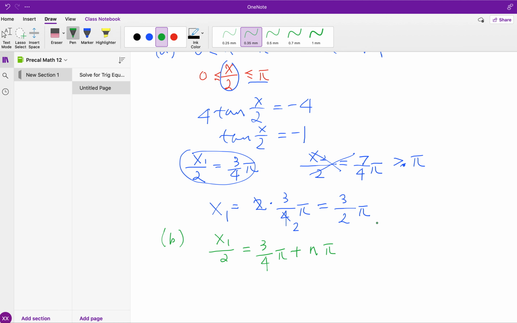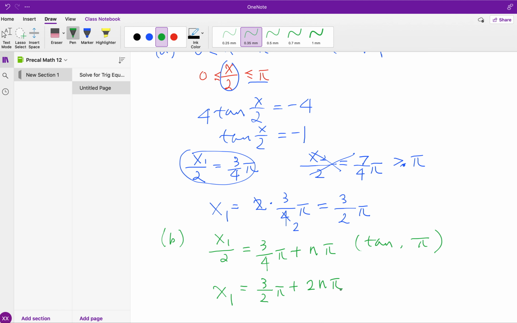Note that tangent goes by pi instead of 2 pi, so n multiplied by pi. Then in this case, the general form will be x1 equals 3 over 2 pi plus 2n pi.